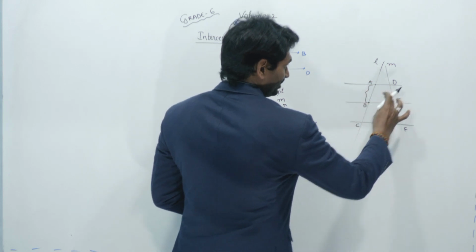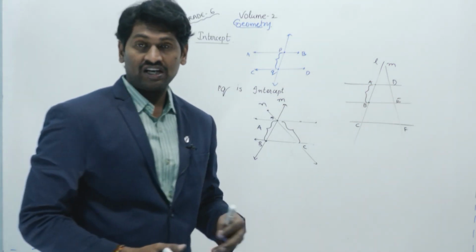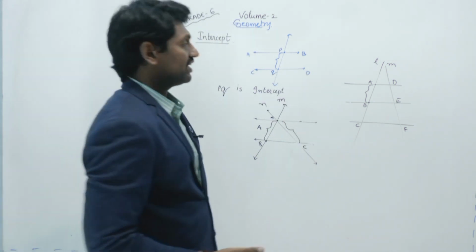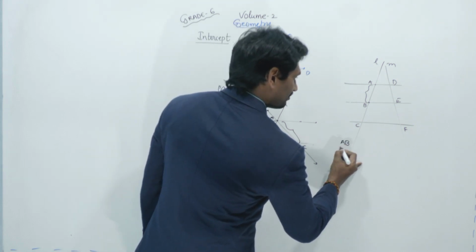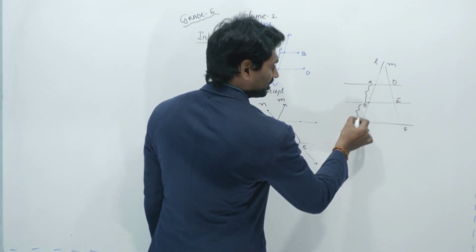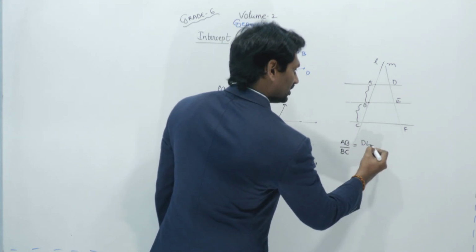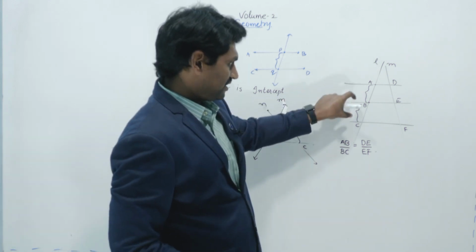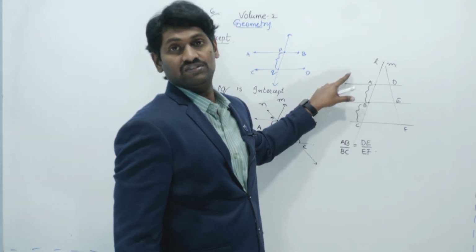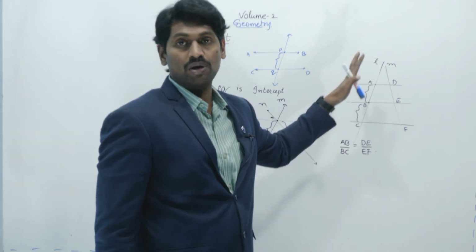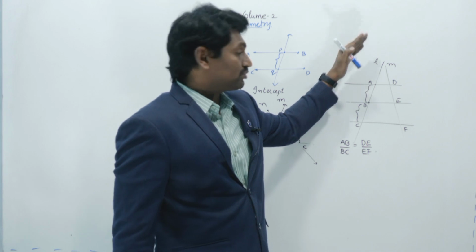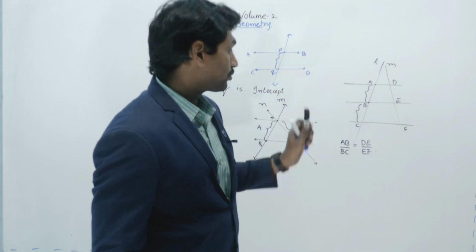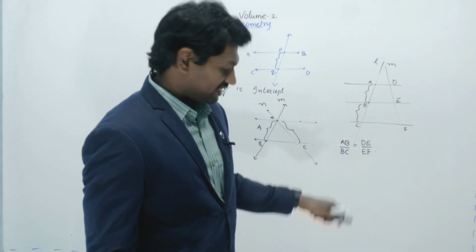If AB, BC, DE and EF are all intercepts for these given parallel lines, then this is the property I am telling: AB by BC equals DE by EF. The ratio of the intercepts formed by the transversal L is equal to the ratio of the intercepts formed by the transversal M.